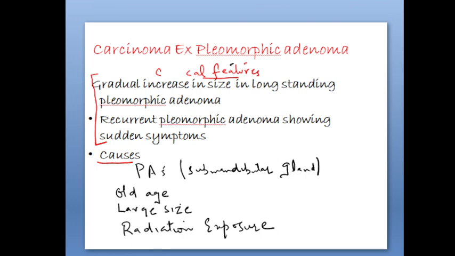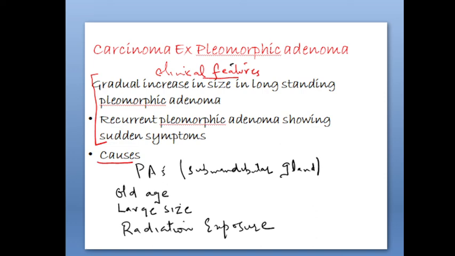Now, what are the clinical features of carcinoma ex pleomorphic adenoma? There is gradual increase in size in long-standing pleomorphic adenoma, or recurrent pleomorphic adenomas can show sudden symptoms. Now, what is the cause of formation of carcinoma ex pleomorphic adenoma?